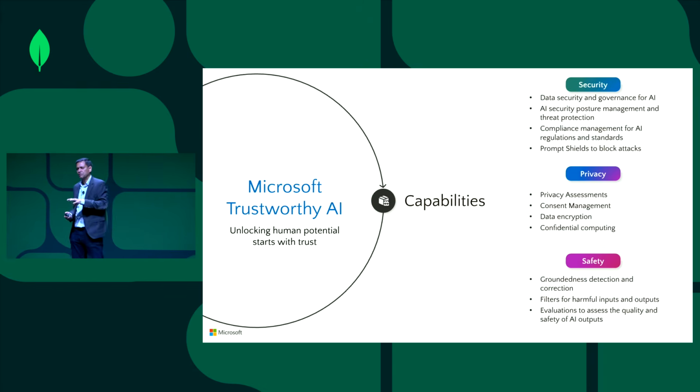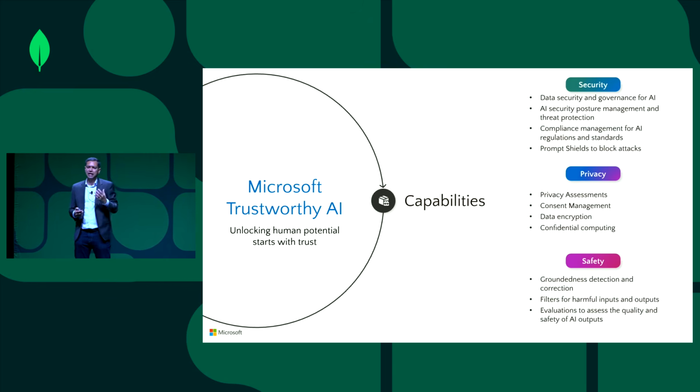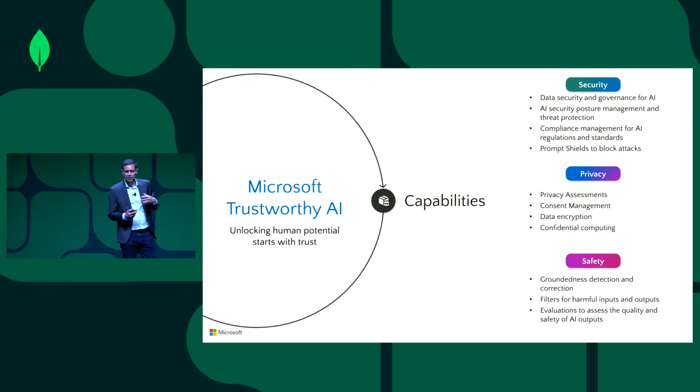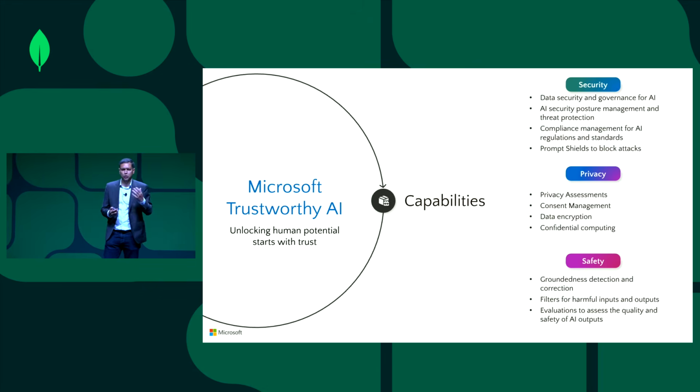At Microsoft, we tackle these challenges through what we call our Trustworthy AI framework, which is a set of core principles: fairness, reliability and safety, privacy and security, inclusiveness, transparency and accountability. And we have translated these principles into real actionable commitments and tools so that you can build enterprise AI from the ground up.